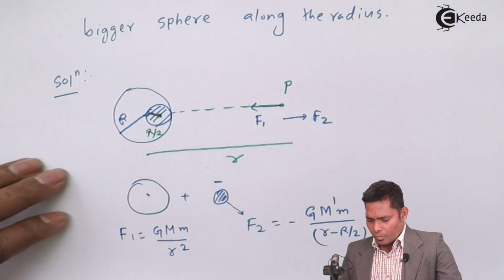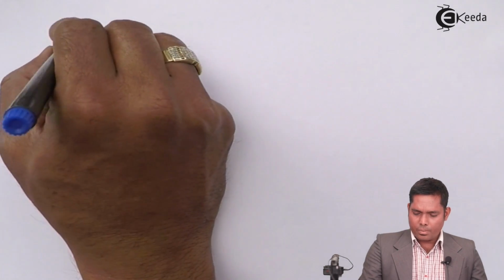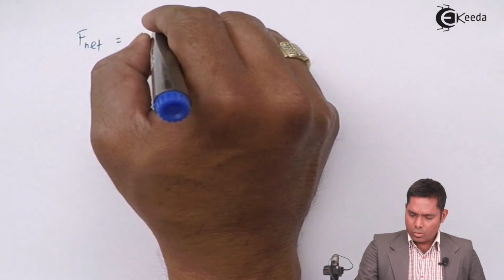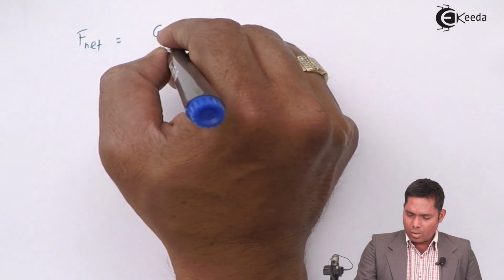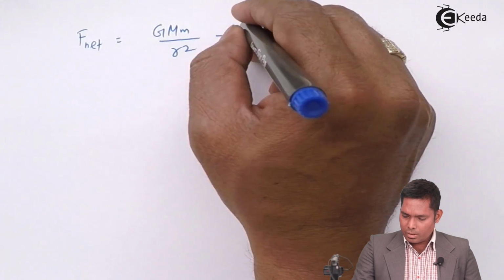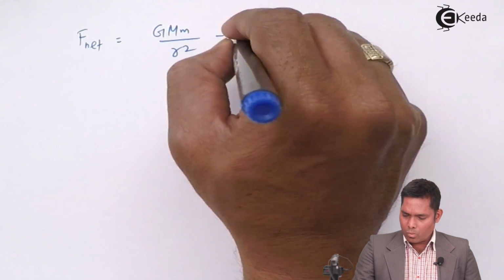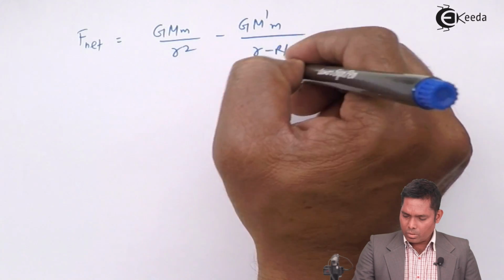Now the net force acting on this particle, F net, equals GMm over r square minus G M dash m over r minus r by 2 the whole square.